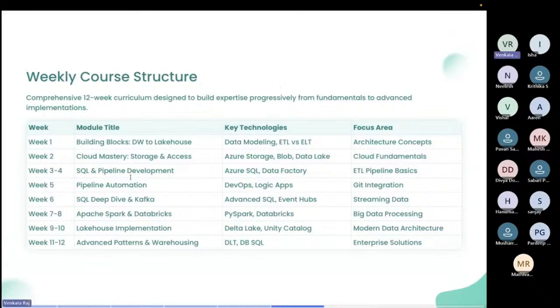Okay, so the SQL pipeline development is the third one that we are going to do, wherein we are going to talk about advanced SQL and Azure SQL, and then we will get started with the pipeline development. In week 5, we are going to talk about how we can prepare the pipelines and automate them.